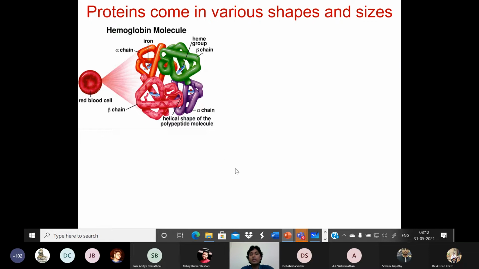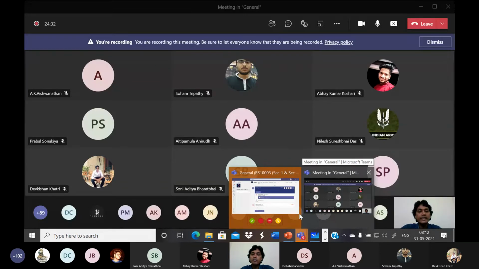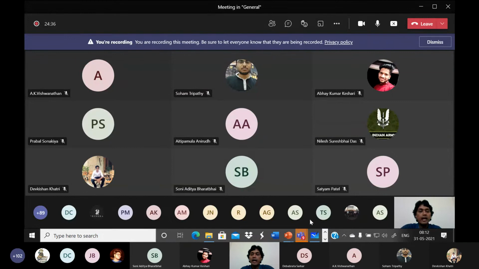One thing you might not know is the number of hemoglobin per cell. In each RBC, or red blood cell, approximately 270 million hemoglobin molecules are present, so that they can carry oxygen and support us.